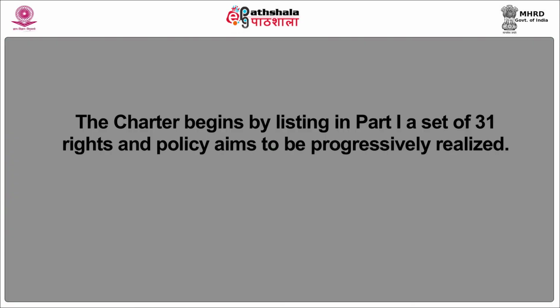The European Social Charter, which was adopted in 1961 and revised in 1996, offers comprehensive ESCR protection to citizens of member states. The Charter begins by listing in Part 1 a set of 31 rights and policies aimed to be progressively realized.